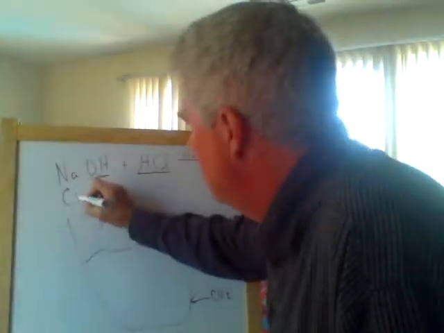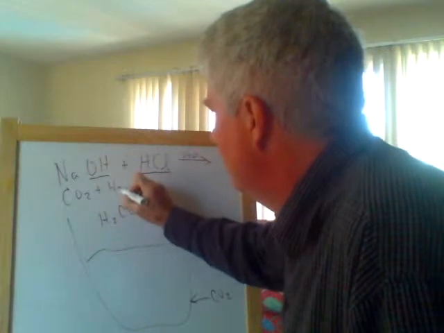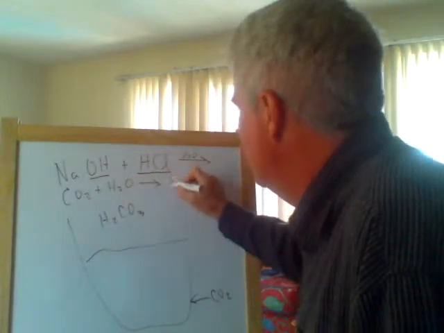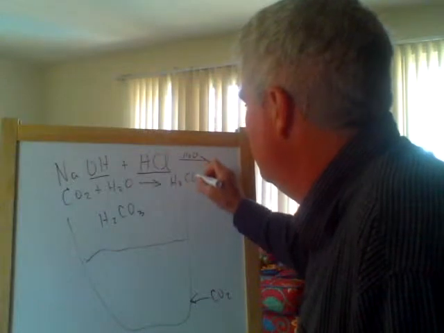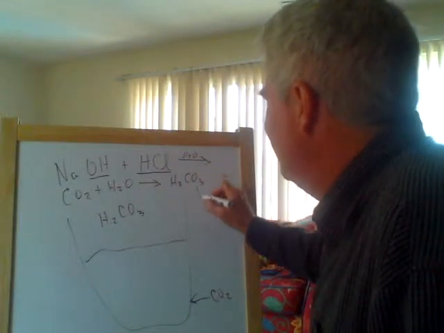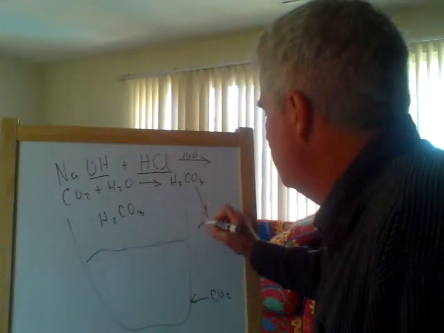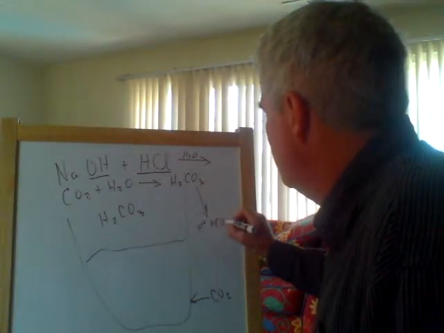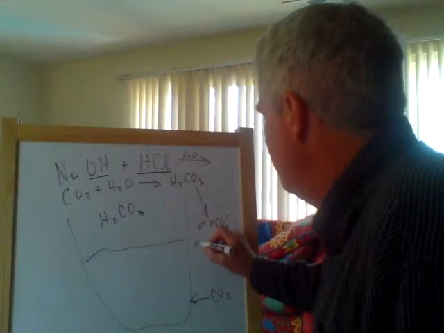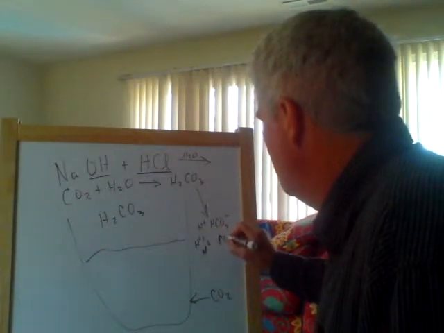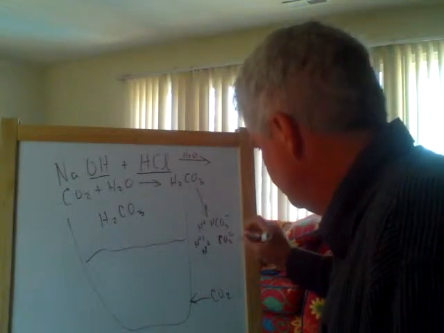CO2 reacts with water to essentially form H2CO3 in solution, which basically kind of becomes a mixture of H+ and HCO3 minus, and maybe even H+ and a little bit of CO3 double minus.